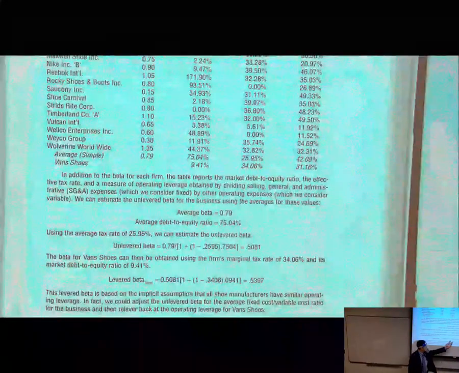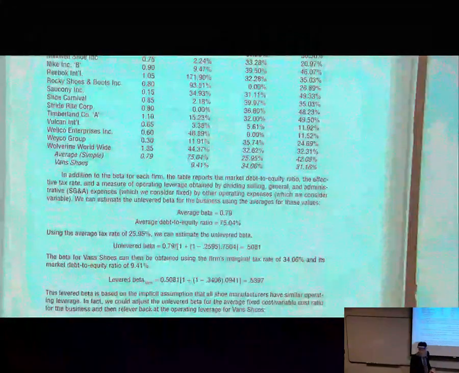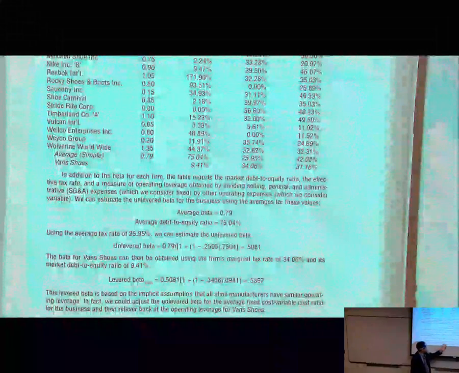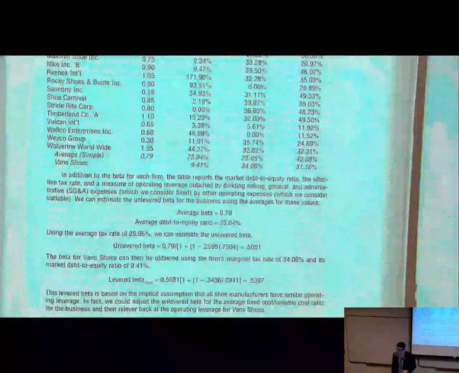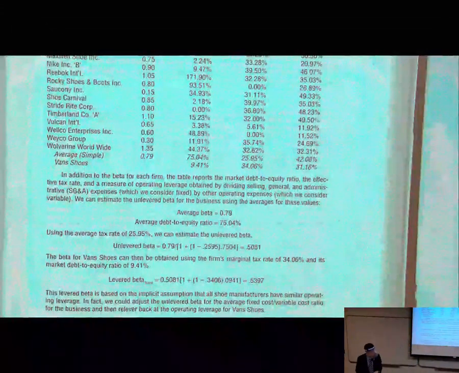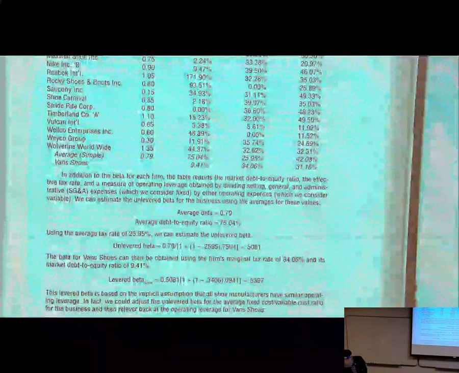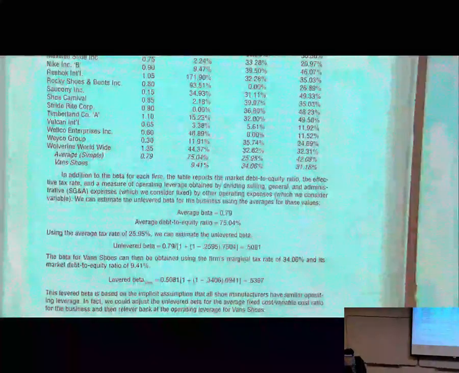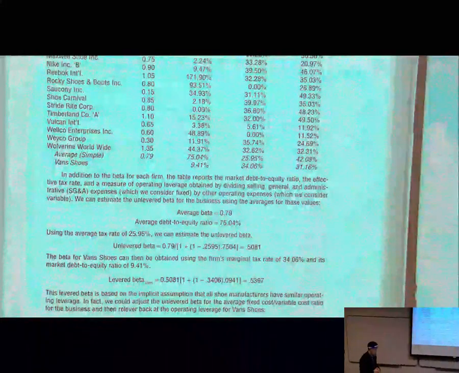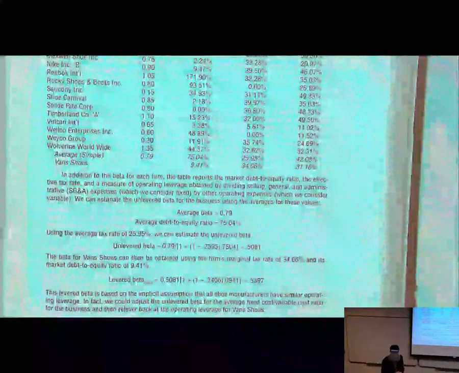So you apply those two numbers to estimate the levered beta for Van Shoes when it's going for IPO, 0.54. This means there's no way you can do regression. The company is not tradable yet, right?